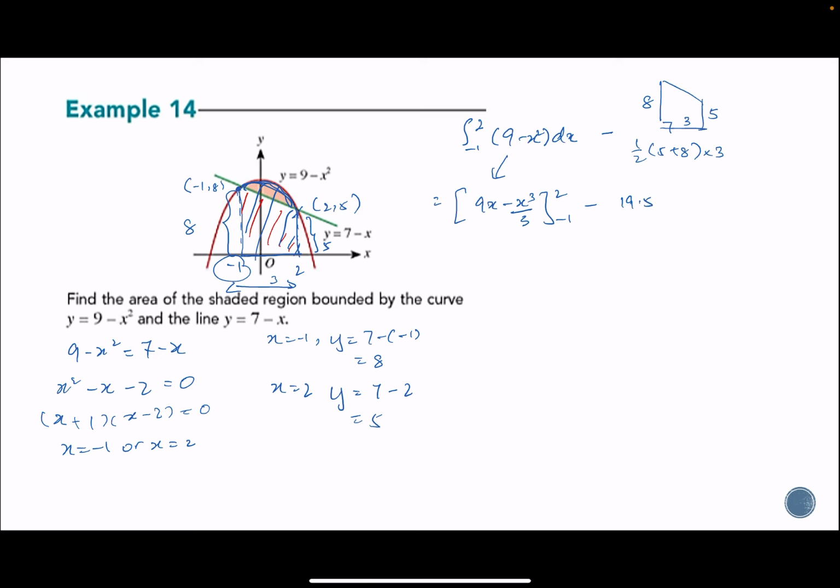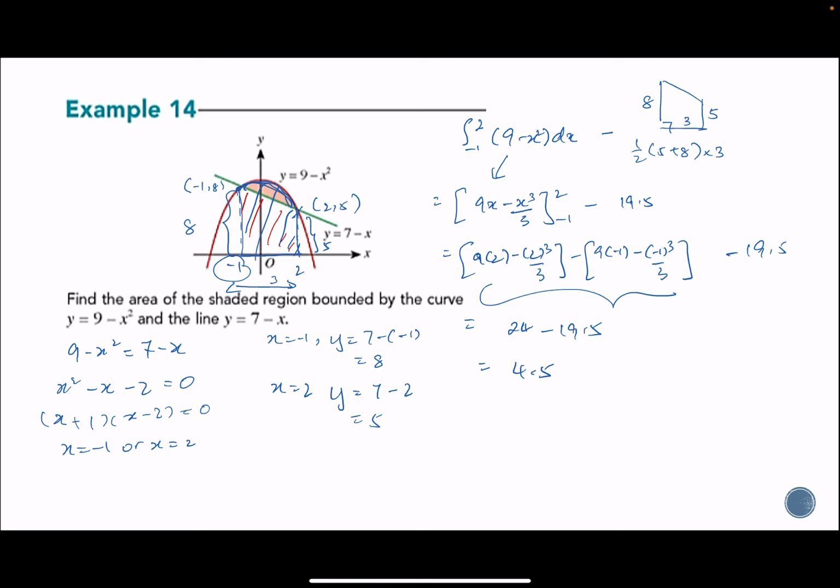And for this one here, when you put it in, you'll get 9 times 2 minus 2 cubed over 3, minus 9 times negative 1 minus negative 1 cubed over 3. And later on, you'll minus with that. So this part here will give you 24, then you minus 19.5, and you will also get 4.5. Very strange, huh? A lot of 4.5 areas here.